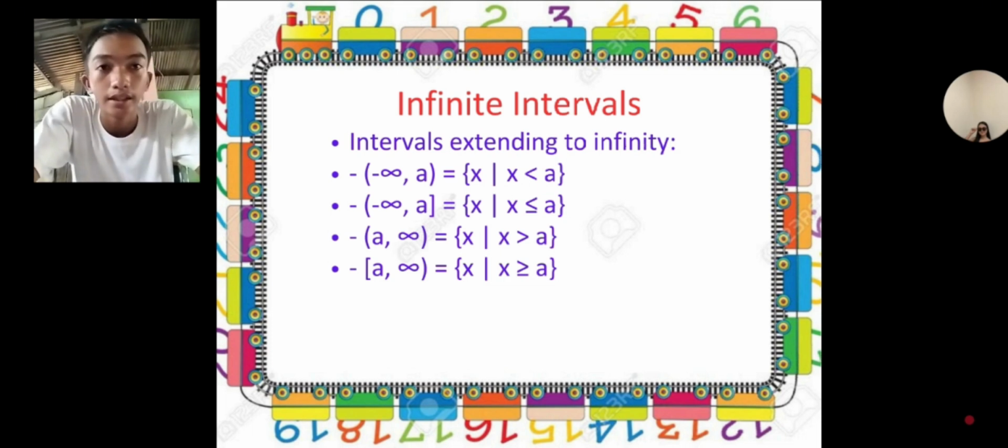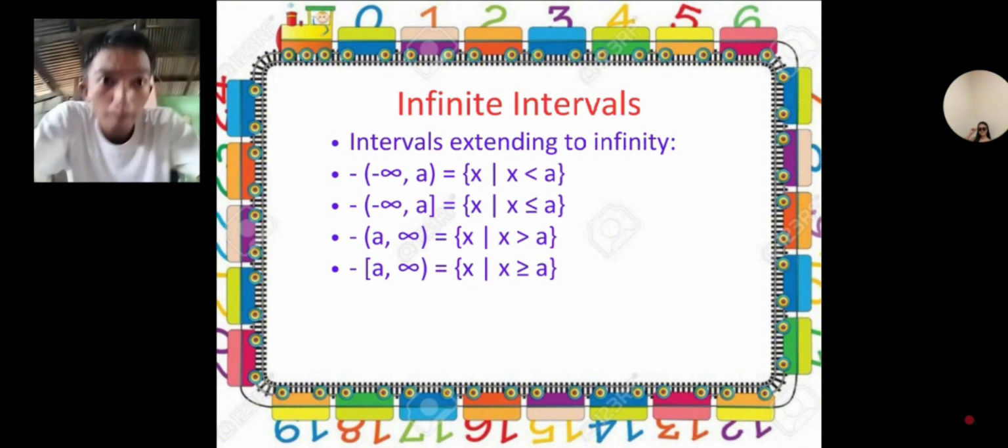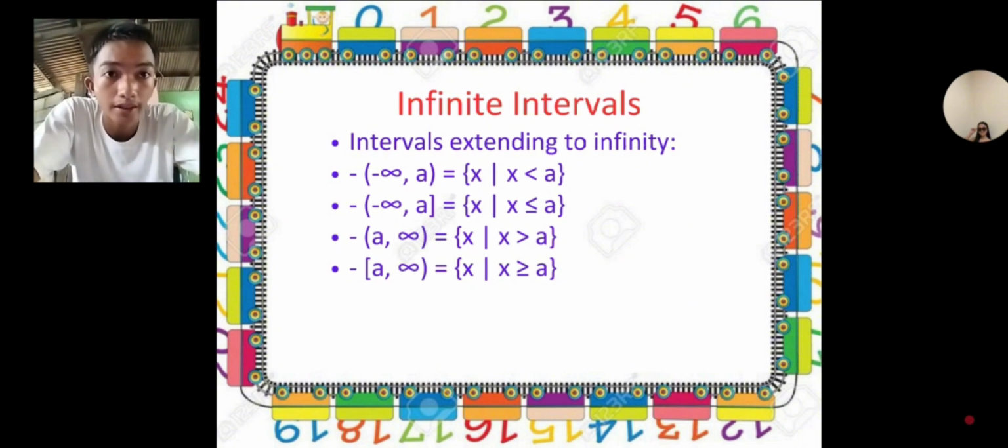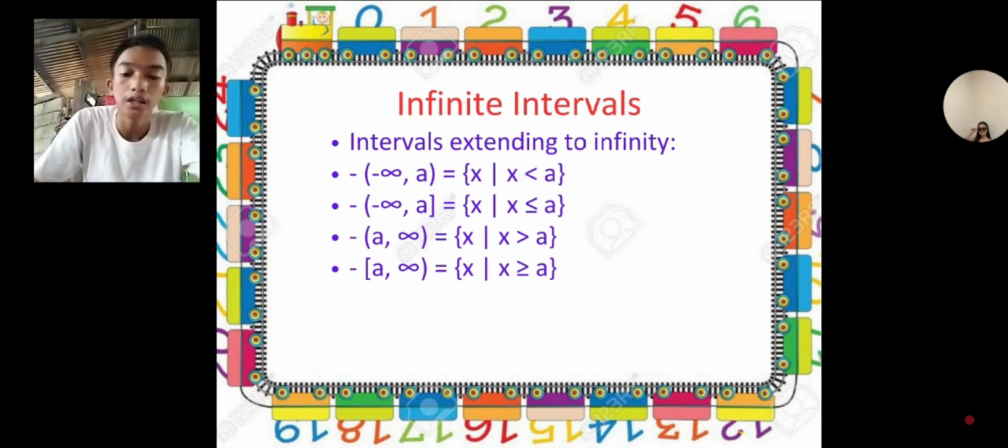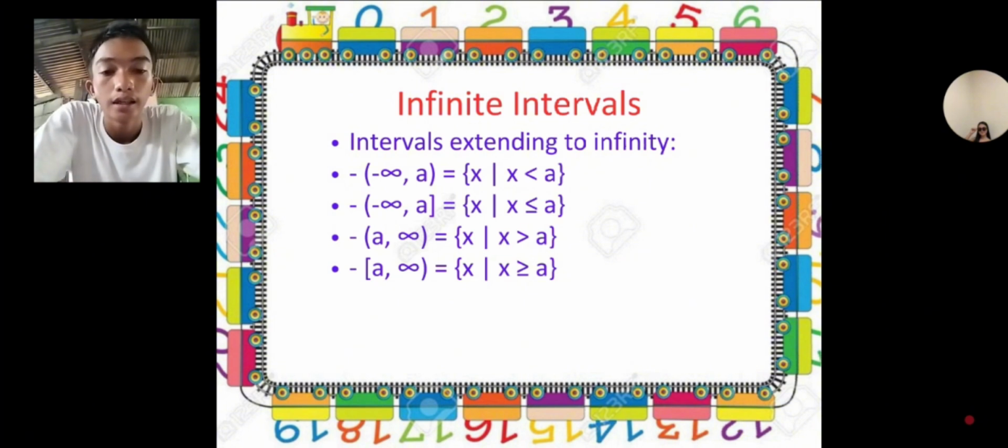First, the open interval negative infinity to a represents all real numbers less than a.